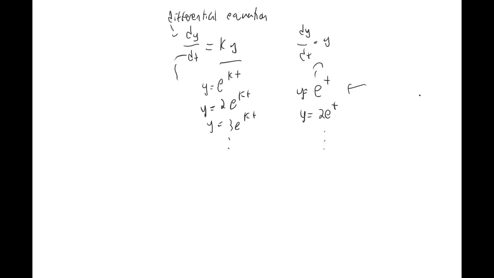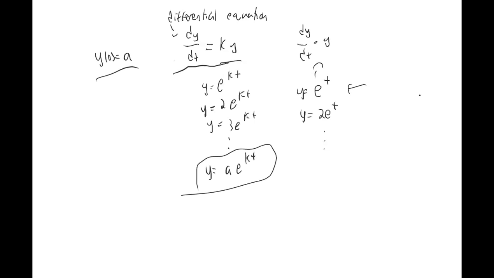To make it unique, they normally put an initial condition: y of 0 is a. If I say y of 0 is a along with this equation, then there's a unique solution: y equals a e to the kt. When I plug in t equals 0, e to the k times 0 is just 1, and I get y equals a.